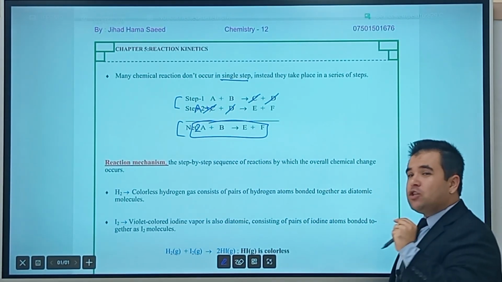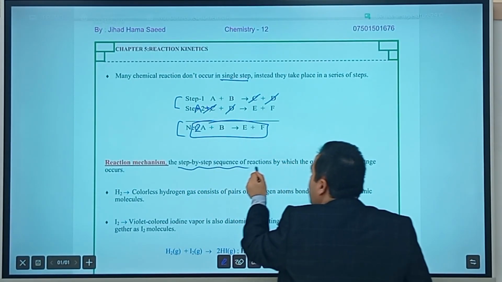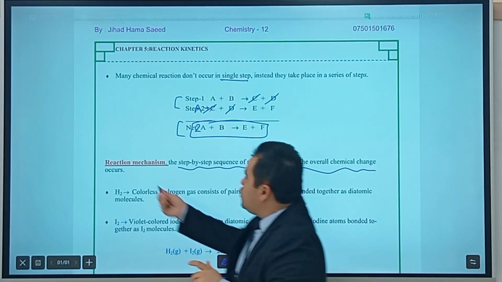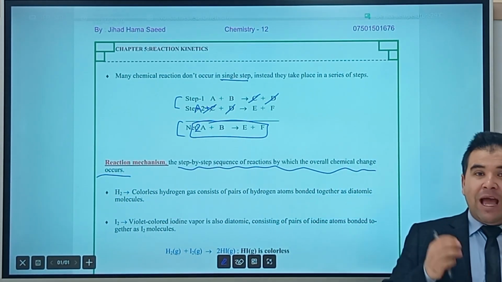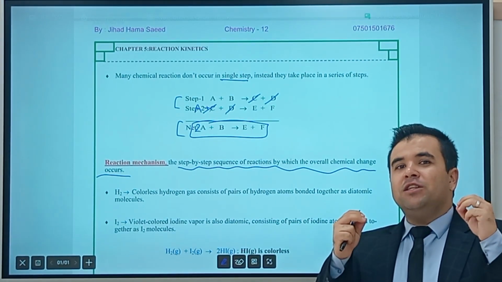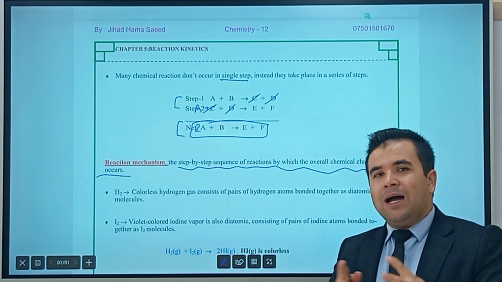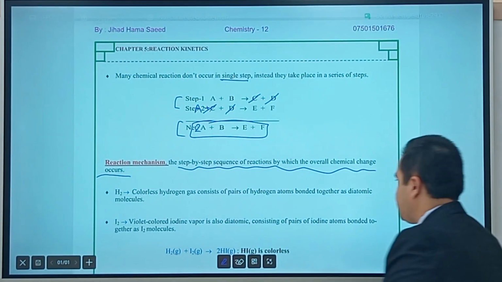So what's a reaction mechanism? A reaction mechanism is a step-by-step sequence of reactions by which the overall chemical change occurs. A reaction mechanism represents the individual steps which process and form an overall reaction.